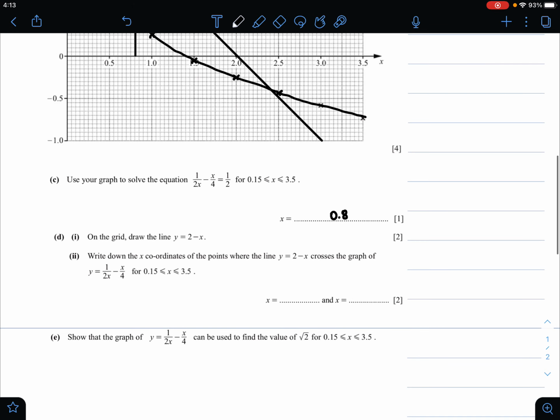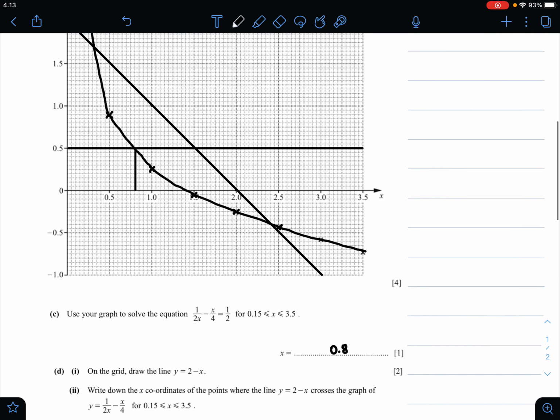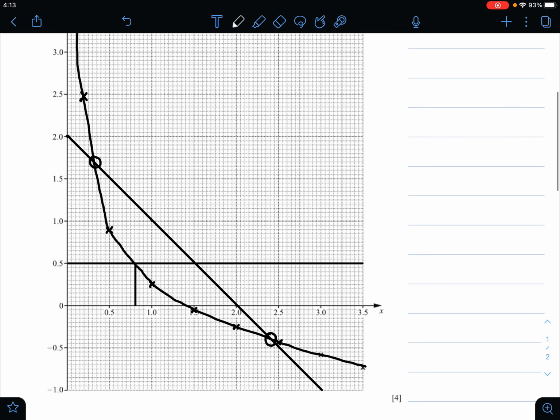Now let's move on to part D2. The question says write down the x coordinates of the points where the line y equals 2 minus x crosses the graph. Basically we have to write the x coordinates of where the line 2 minus x intersects the original graph. That would be at this point and at this point. Let's see the first point, that's to the left.